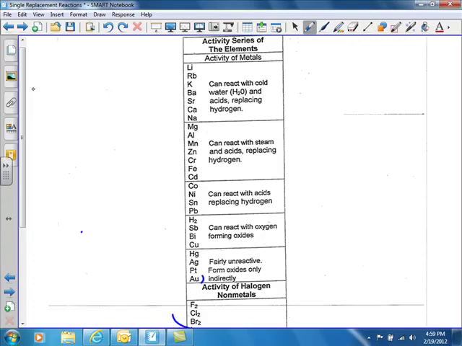So what we're going to look at is a reaction between barium and cadmium sulfate. Oops, let me write that better. Okay, that's a yield sign. I'm going to look at barium and calcium and find them on this list.